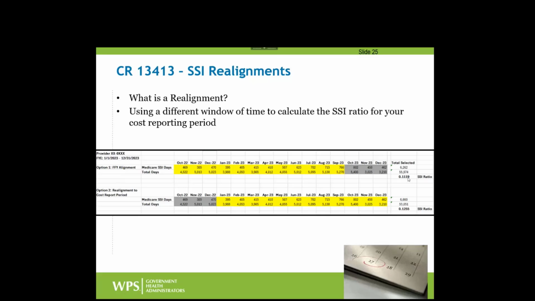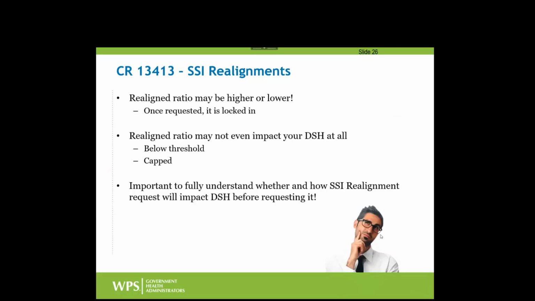Some providers might benefit from that. Others might benefit from their actual cost reporting period. Moreover, every year is going to be different potentially. This provider in this year was better off realigning. They have a higher SSI ratio. Next year, it might be the exact opposite. So every provider has to look at every year to see what benefits them the most, if at all.